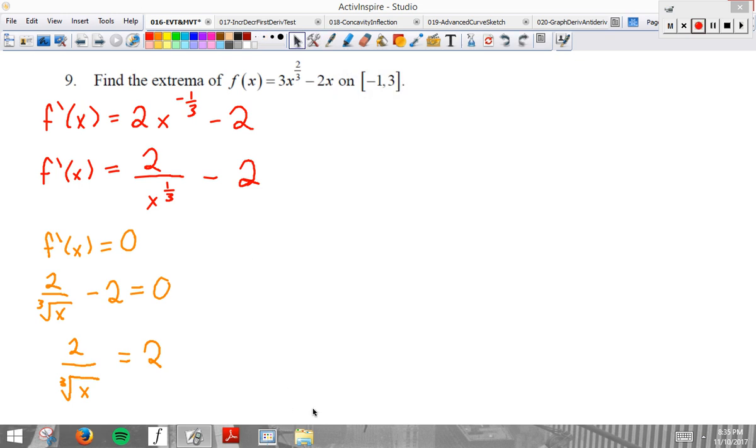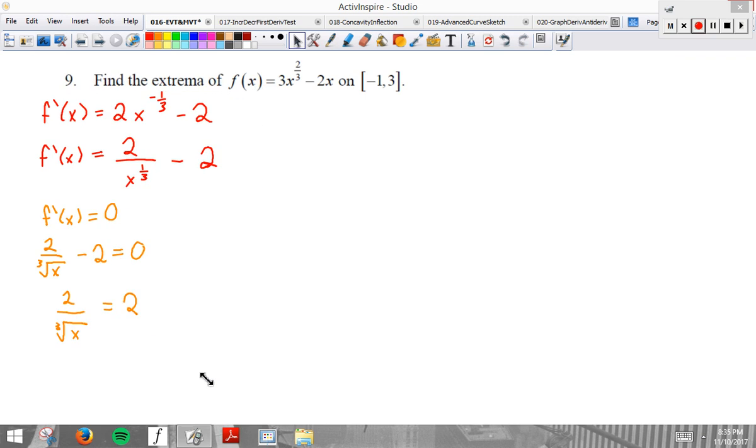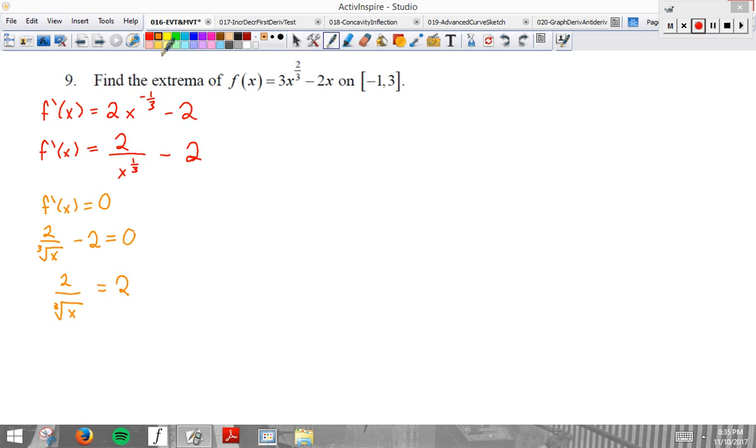A lot of students seem to struggle with this algebraically, but all we have to do is cross multiply, so to speak, and multiply both sides by the cube root of x. The cube root of x, if we divide both sides by 2, would equal 1. And then if we cube both sides, we get x equals 1. So that will be one possibility.